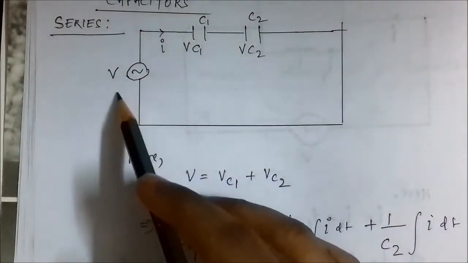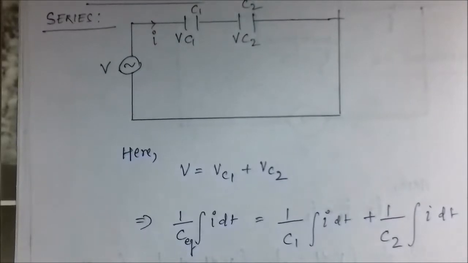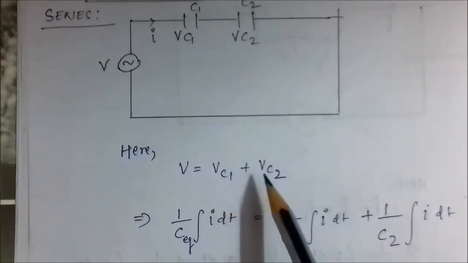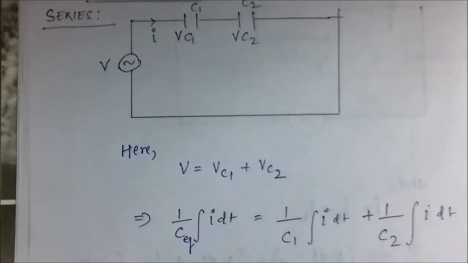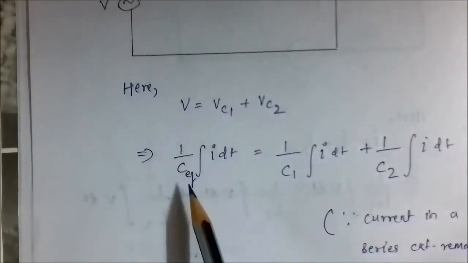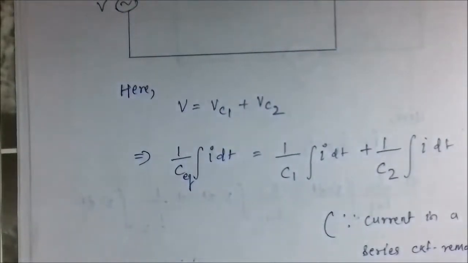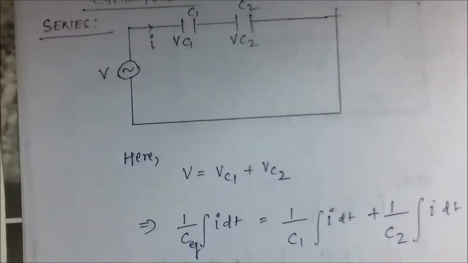The net voltage, applied voltage V is equal to the voltage drop across capacitor 1 plus the voltage drop across capacitor 2.